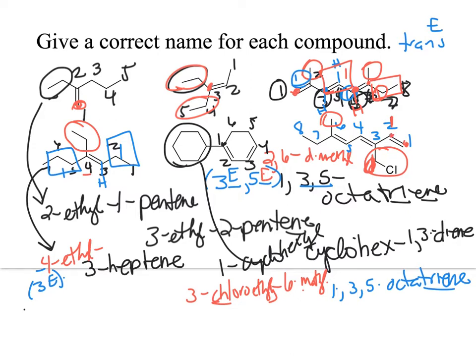So that would be number 1. And then here you're going to have to draw in your hydrogen ones across the bond. So that would be 3 trans, so 3E, comma. And then go to the next one here. Draw in your hydrogen, so one's on top. And then the ethyl here. So that is 5E.